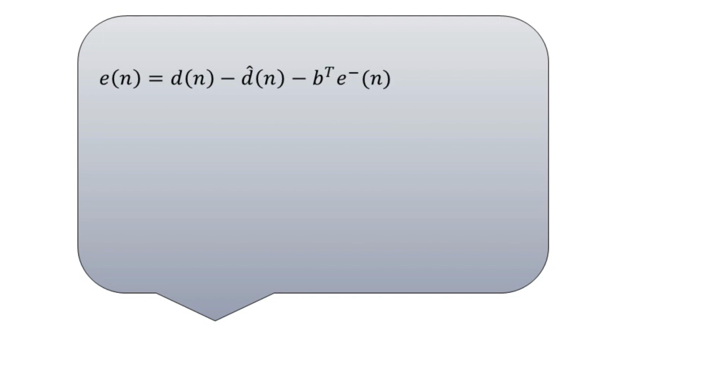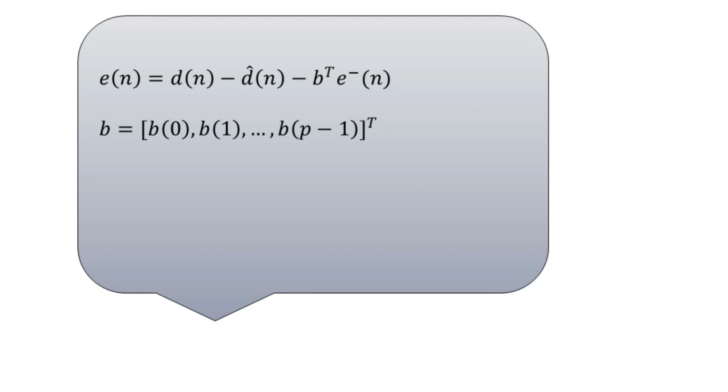In this representation there should be an equal to sign after d cap of n, and on the RHS it should be d of n minus the last term that you see here. In this representation small b is a vector for which the transpose is suggested. This is basically a set of elements b of 0, b of 1, b of 2 and so on up to b of p minus 1 here.